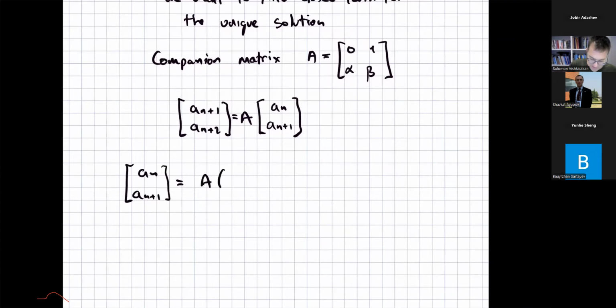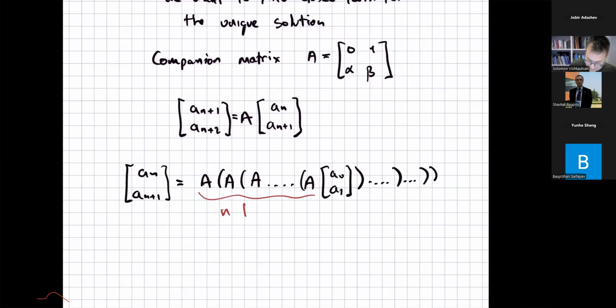We have the matrix applied n times, acting on A0 and A1. So we would want this to be equal to A to the n, but it's not necessarily true.